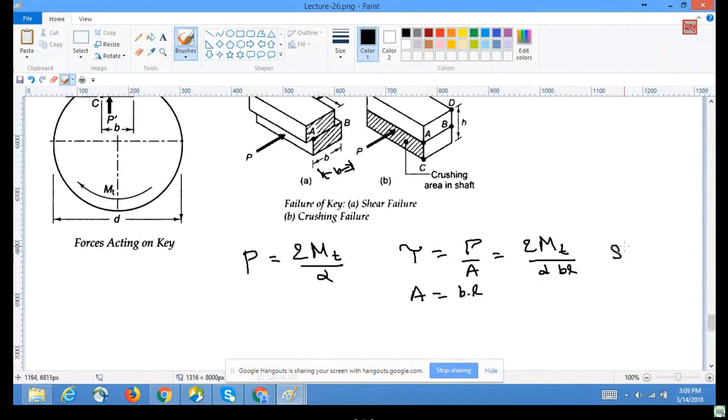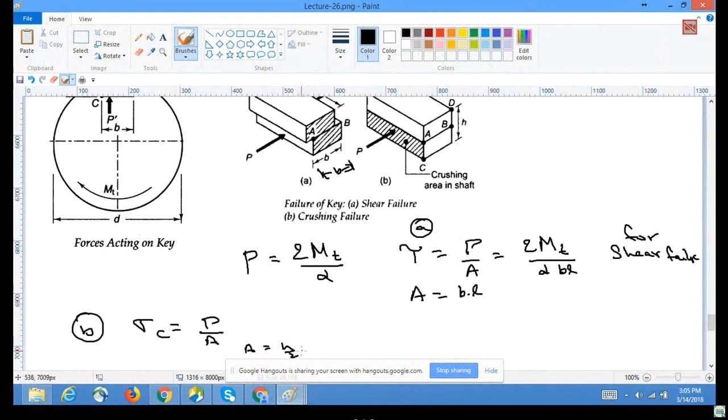Similarly, for the second one, for the crushing, sigma C is equal to P divided by A. Here A is equal to h by 2 into L, because half of the key is in the shaft keyway and half is in the hub keyway, so the contact on both sides is h by 2.